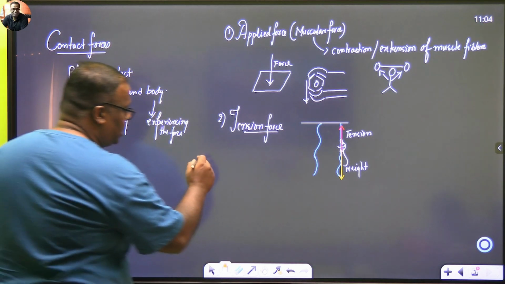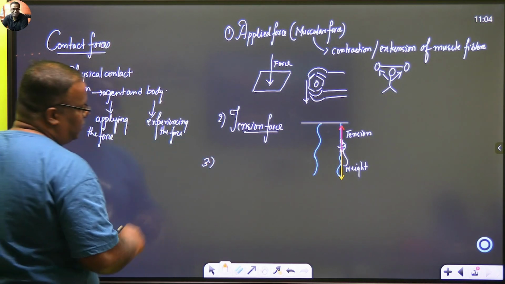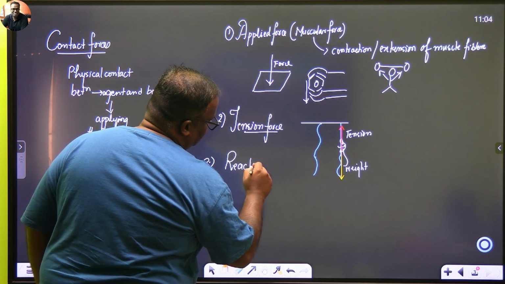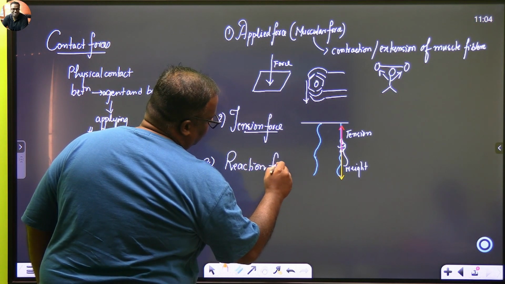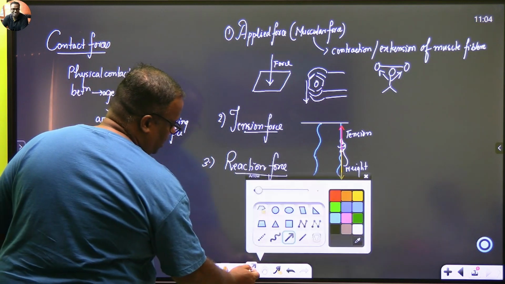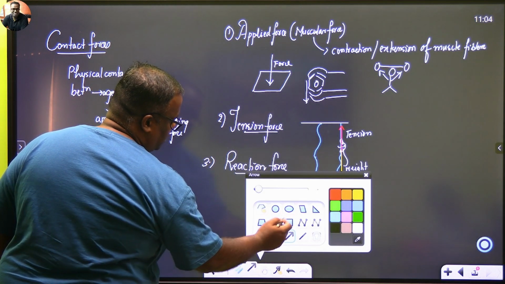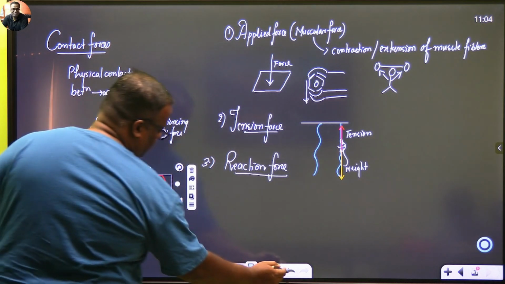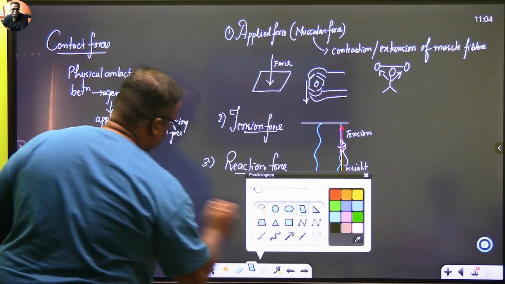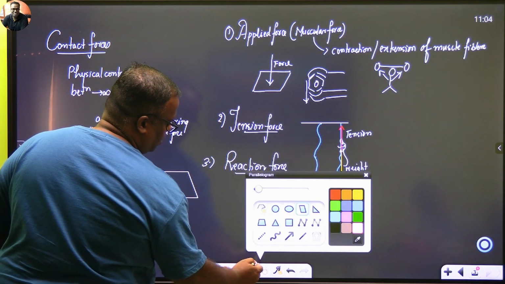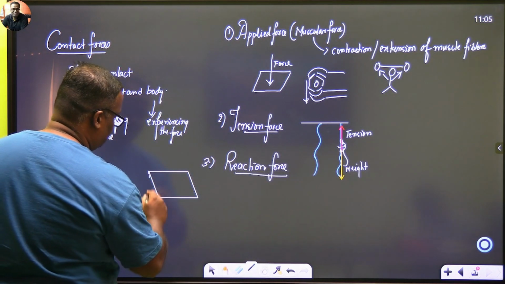Okay, आइए third type of force देखते हैं. Third type we call is a reaction force. Now what is a reaction force? Reaction force को जानने के लिए ये एग्जांपल देखते हैं. Let's say I have got a table.